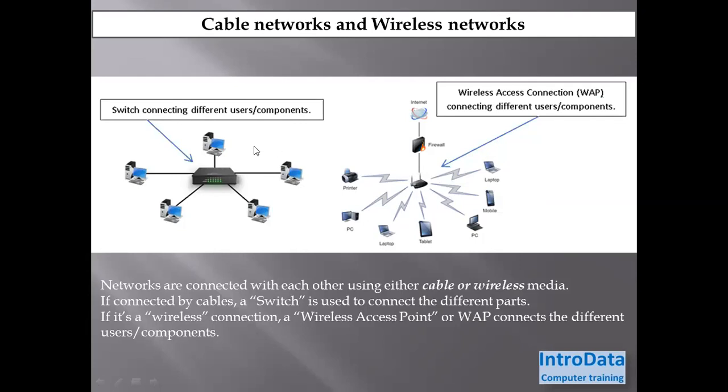If he disconnects his laptop and he goes to, let's say, maybe a different room or a conference room or whatever, then he can connect with his laptop wirelessly to the same connection and still use the network. Okay, so in short, you need either a switch or a WAP, or wireless access point, and sometimes you have two to make one connection. Okay, I'm going to click to get the next slide.